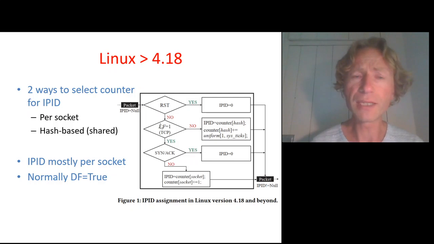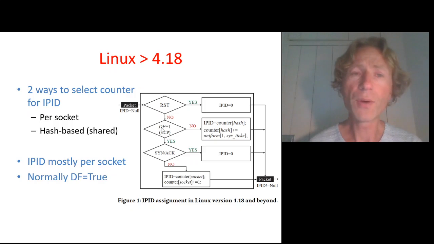So if the don't fragment field is 1, which is normally the case for TCP, we actually use this secure counter, the counter that is unique for this particular socket.